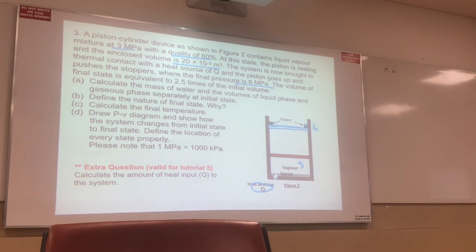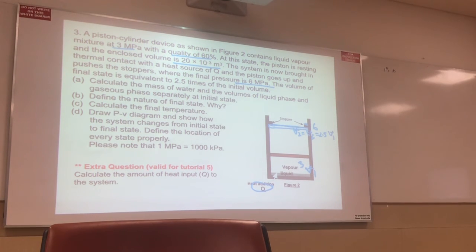The volume of the final state: here the total volume is V1, for example, and here is V3 or V2, which is 2.5 times the initial volume V1. They tell you to calculate the mass of water, and the volume of the liquid phase and gaseous phase separately.